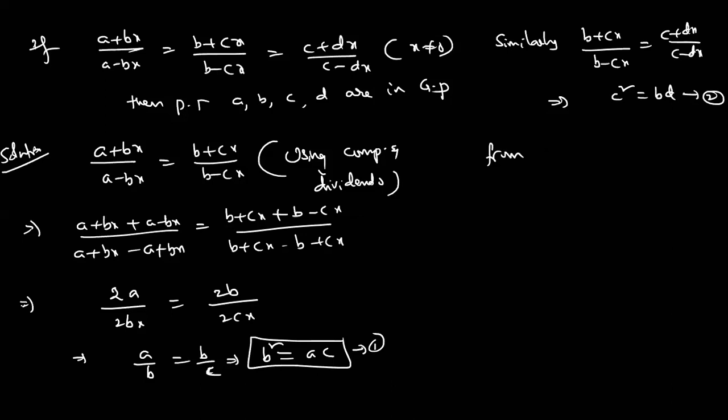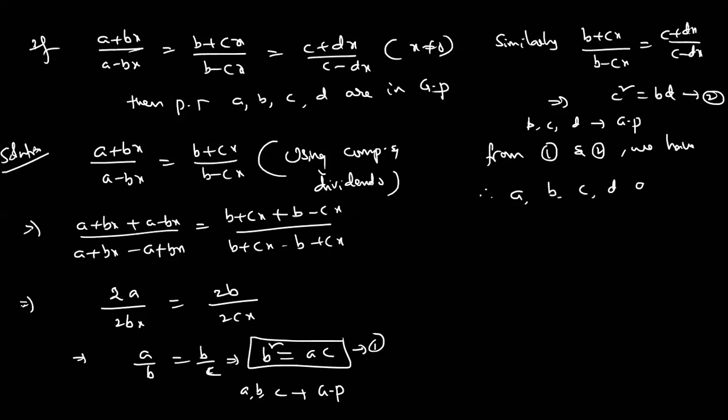From 1 and 2, we get b square is equal to ac, which means a, b, c are in GP. In the other case, b, c, d are in GP. Therefore, a, b, c, d are in GP. It's a very, very important model.